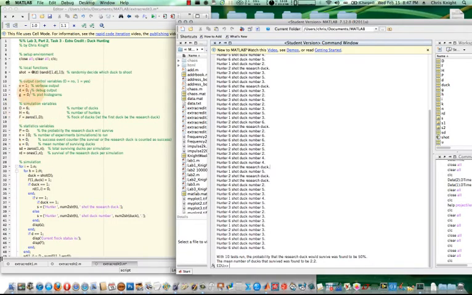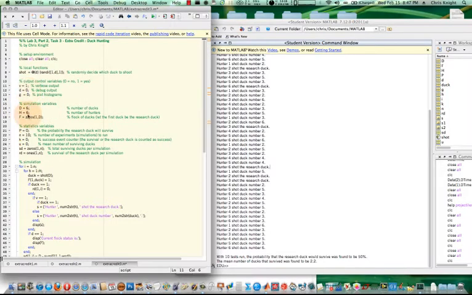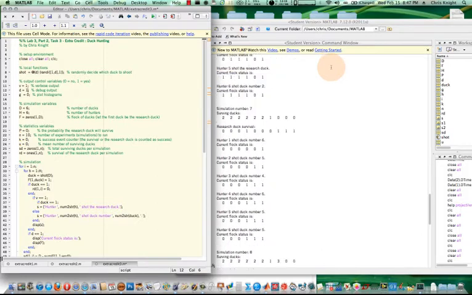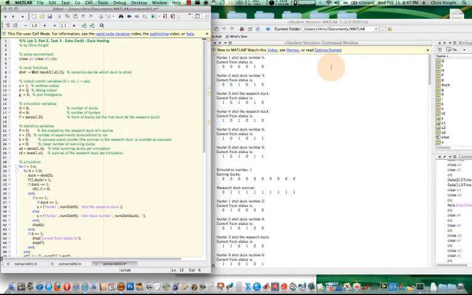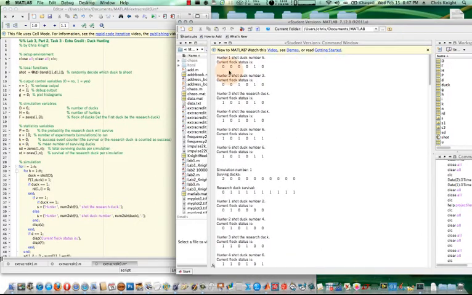We can get more information by turning on debug output, and that is going to give us a handy little display. This is the flock representing duck 1, 2, duck 3, 4, 5, and 6. And then we're going to count through each one of the hunters, and we're going to see visually which duck the hunter shot at.